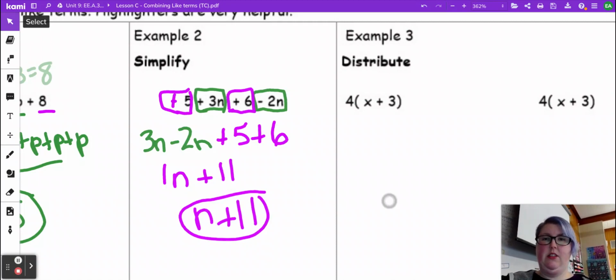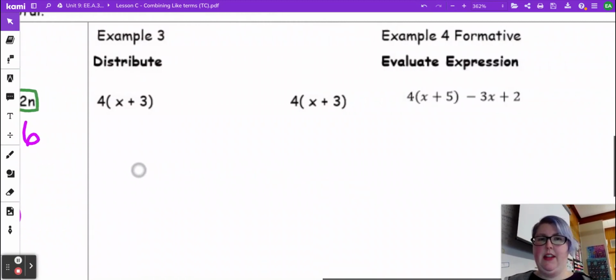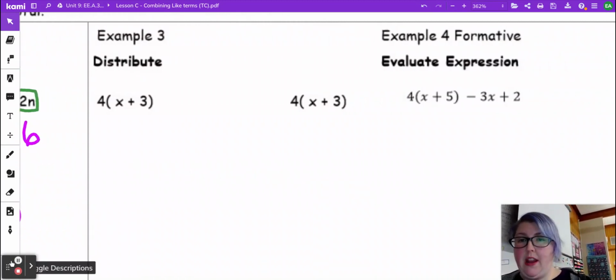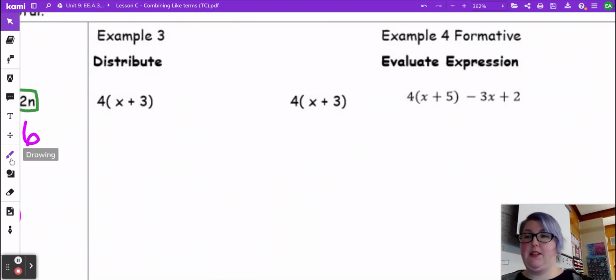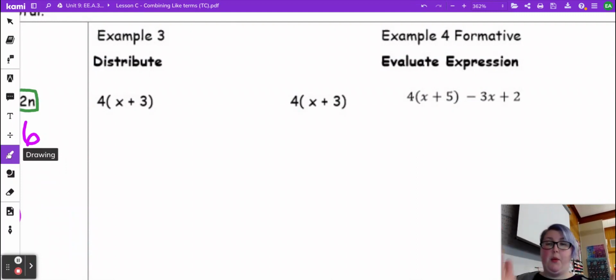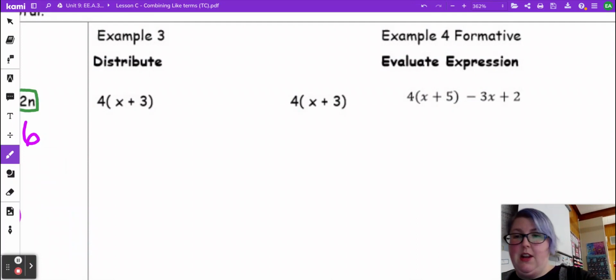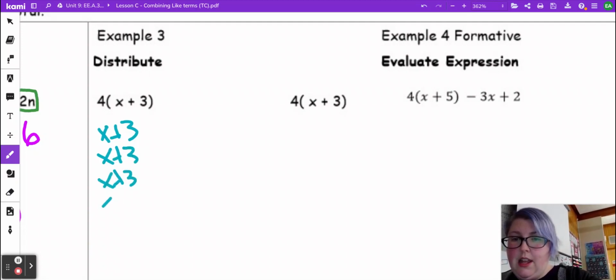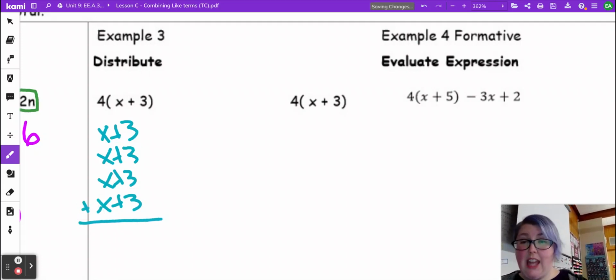All right, let's look at example 3, where we have 4 times x plus 3. When we see 4 and then a parentheses, that is the coefficient for the entire parentheses. So that actually means x plus 3, x plus 3, x plus 3, x plus 3, and then we can add all of these together.